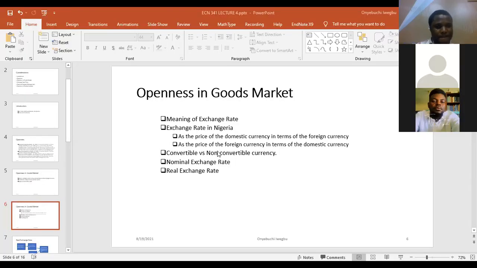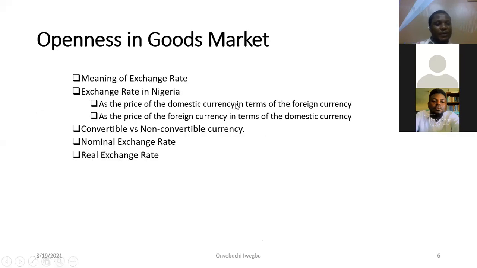Then we can also have the other way round, where we use the price of the foreign currency in terms of the domestic currency.